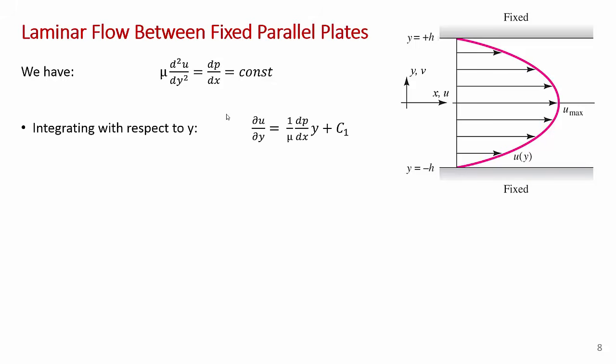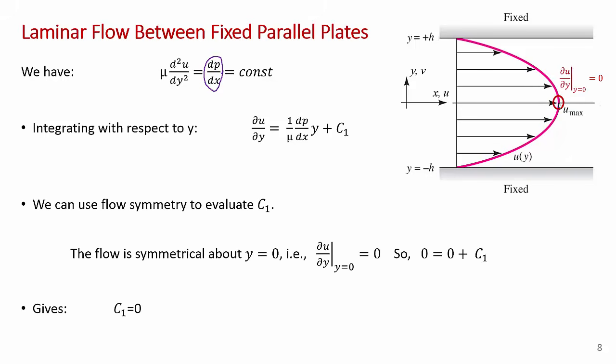We can now perform some integration. So integrating once with respect to y, treating dp/dx as a constant, of course, here we just get, and I brought the mu over, du/dy = (1/mu)(dp/dx) y + c1. We can use the fact that we have flow symmetry about the center line, about y equals 0, to evaluate c1. The book doesn't do it this way, but it's a really nice way to do it.